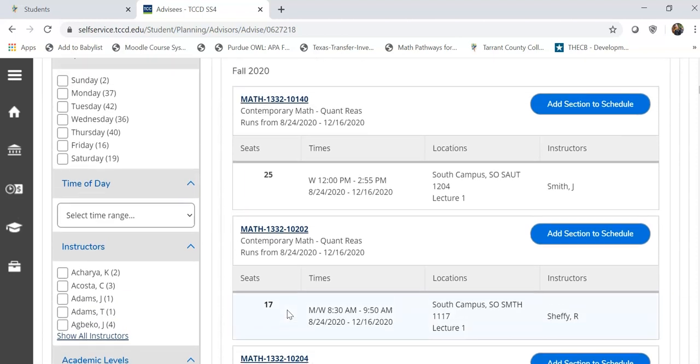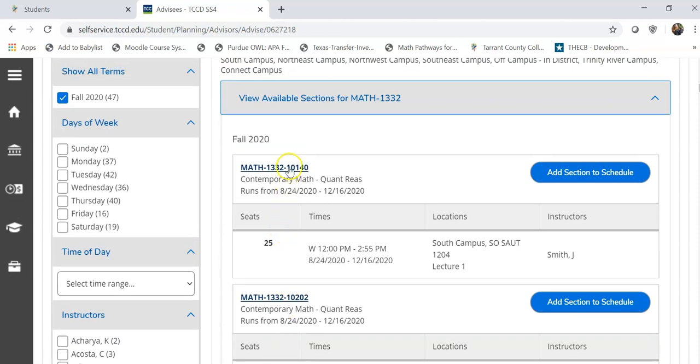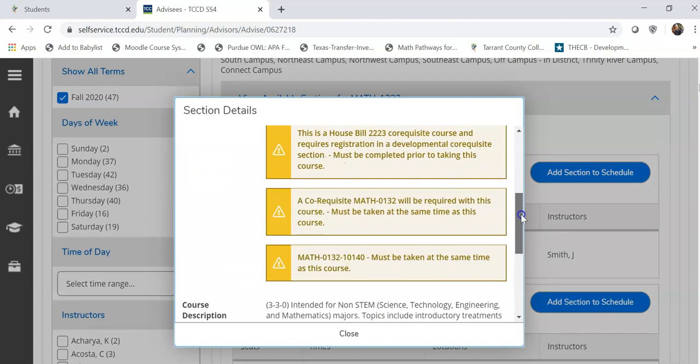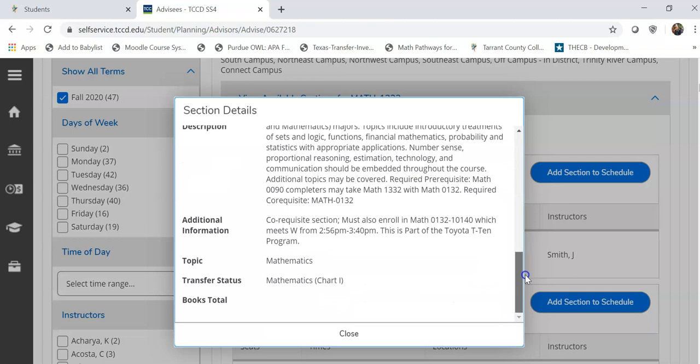So let's say you want to sign up for this very first one right here. So then you would just follow the same process that we did for integrated reading and writing.